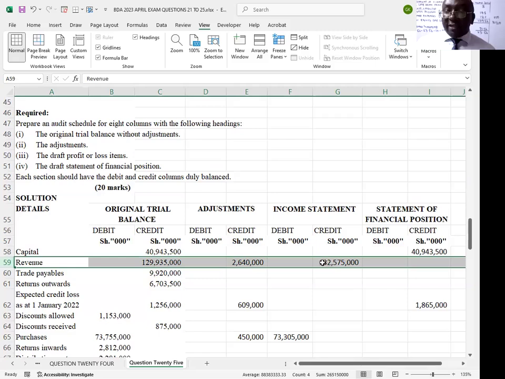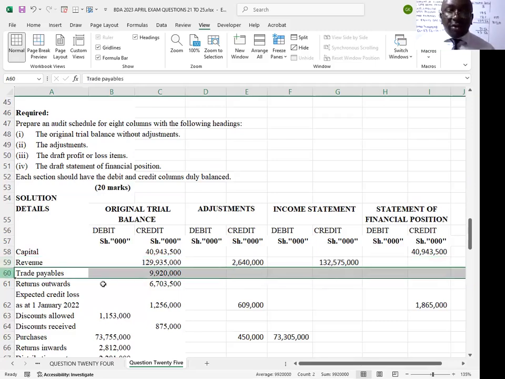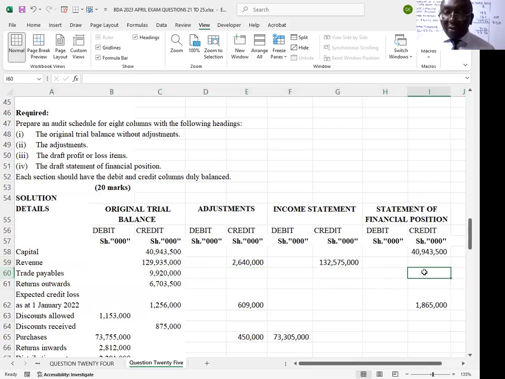We already have reacted and put it where it belongs. Trade payables, no adjustment. So we bring it where it belongs.